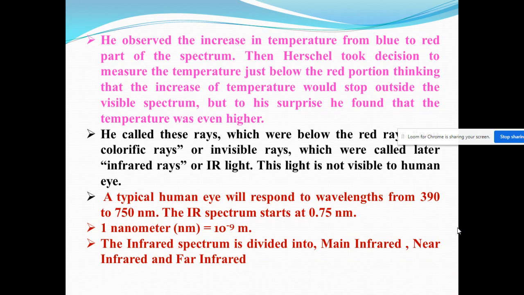A typical human eye will respond to wavelengths from 390 to 750 nanometers. The IR spectrum starts at 0.75 micrometer, where 1 nanometer is equivalent to 10 to the power minus 9 meter. The infrared spectrum is divided into mid infrared, near infrared, and far infrared.